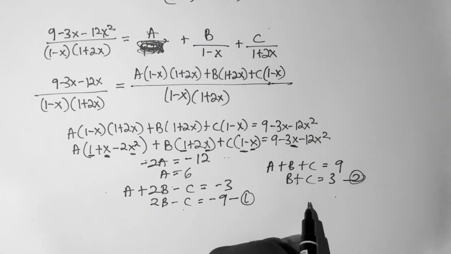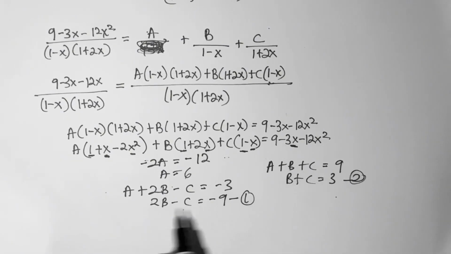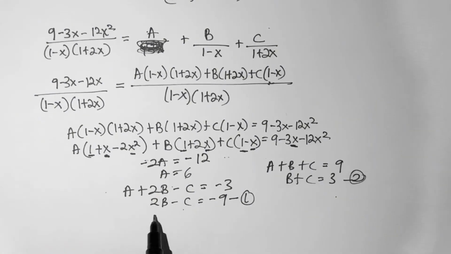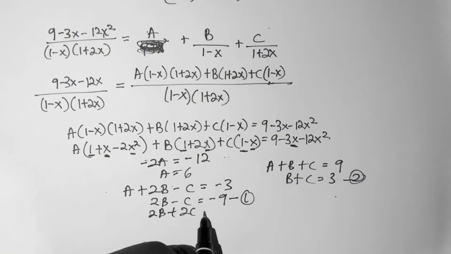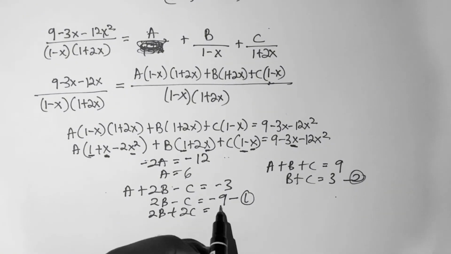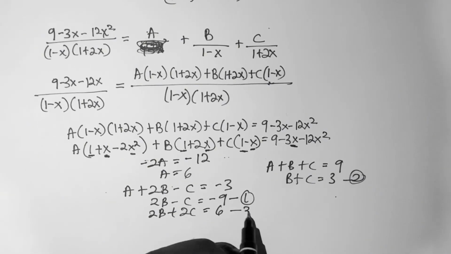So let's multiply equation 2 by 2. If we multiply equation 2 by 2, we can write it here. That will be 2b plus 2c is equal to 2 times 3, which is 6. So here becomes our equation 3.